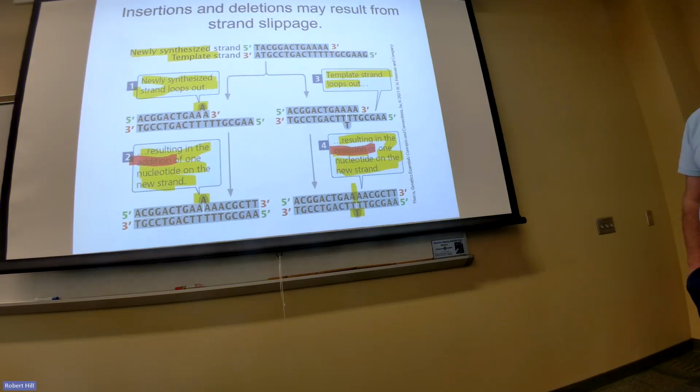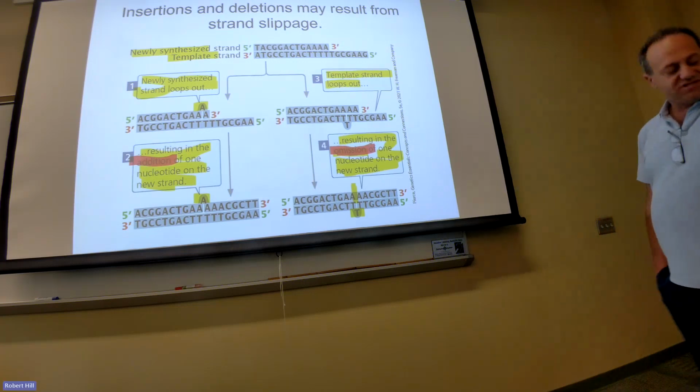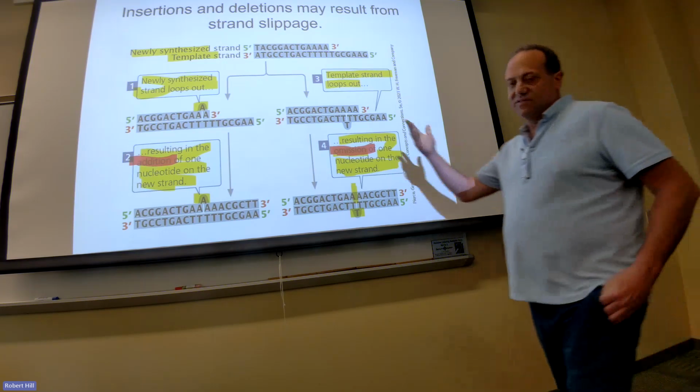So up there, look at the template strand: you've got 1, 2, 3, 4, 5 T's. You've got 4 A's. And here you have that series of the same nucleic acid in tandem, right next to each other. So when they come to reanneal after replication, you can get this looping.